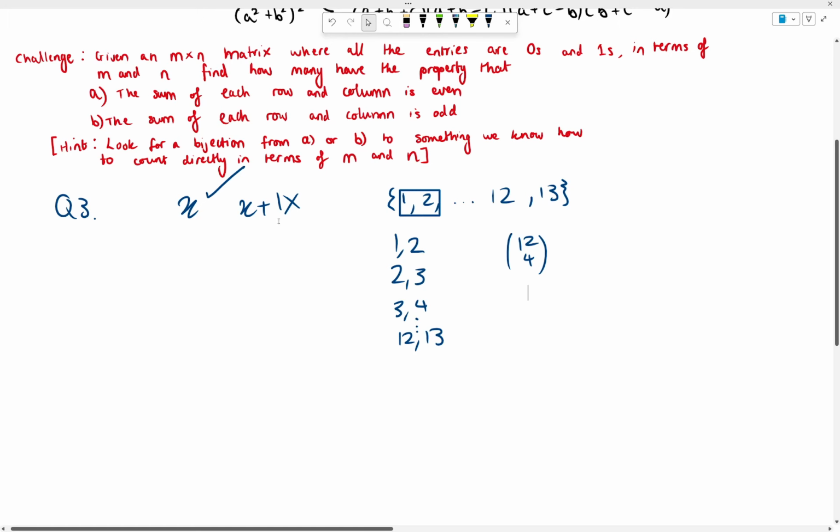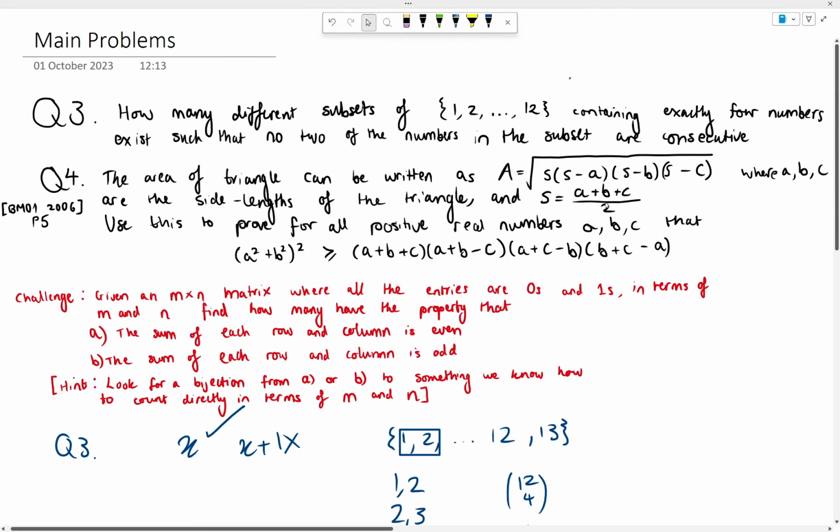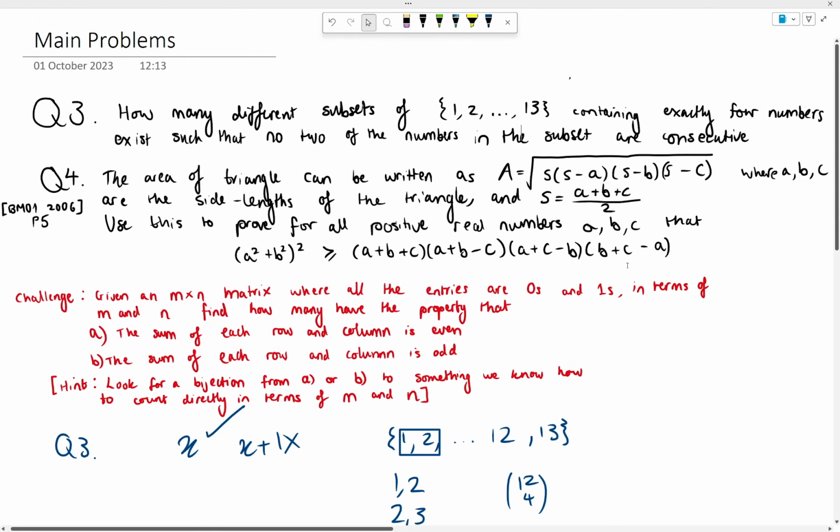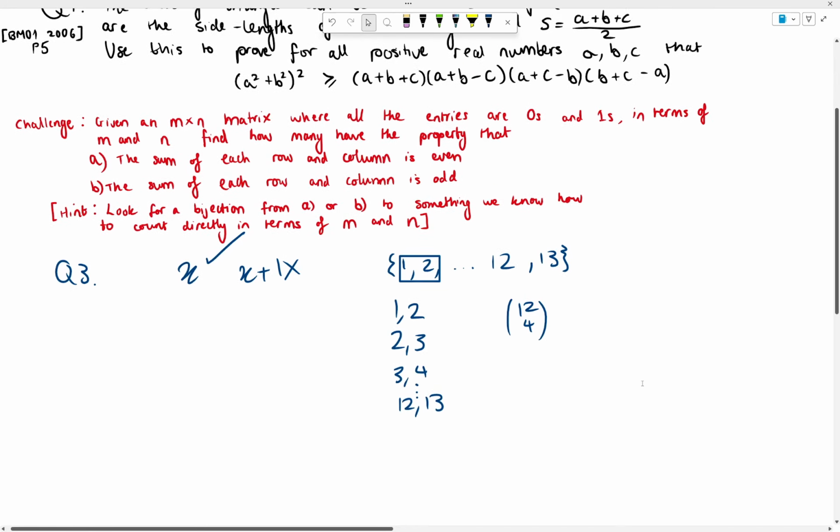Oh, I think I know where it's gone wrong. I wrote the problem down wrong at the start. It should be up to 13 because it doesn't work nicely with 12, I think. Hmm. Oh wait, no. No, it does work with 12. I know what I've done wrong. Okay.